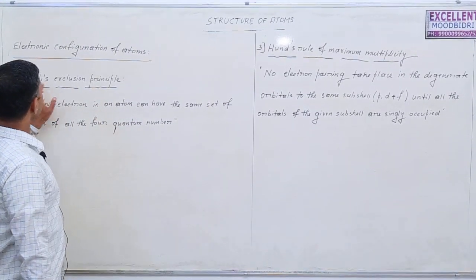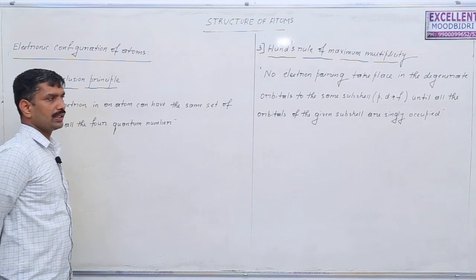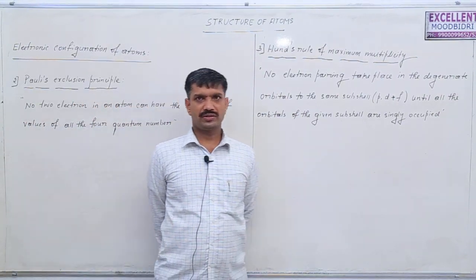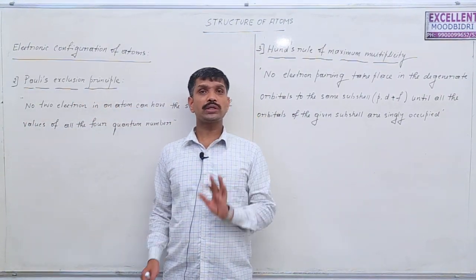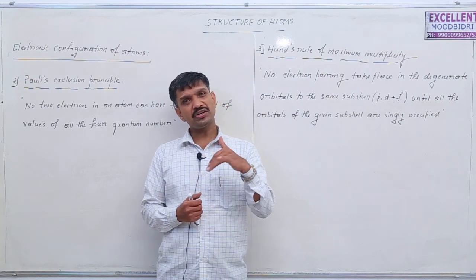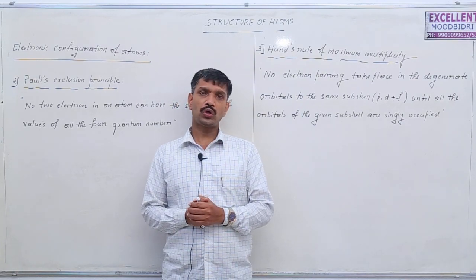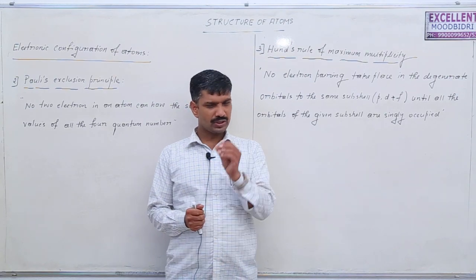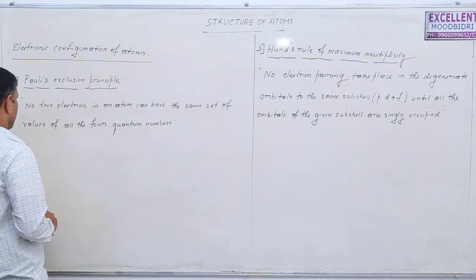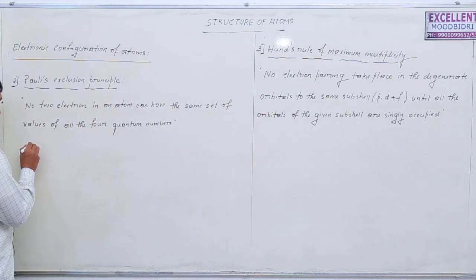Next, Pauli's exclusion principle. This principle states that no two electrons can have the same set of values for the four quantum numbers. First I take an example for this. For example, the 1s orbital.